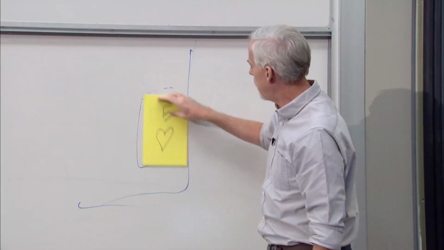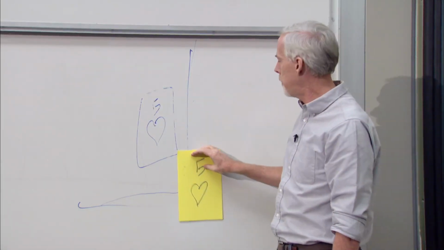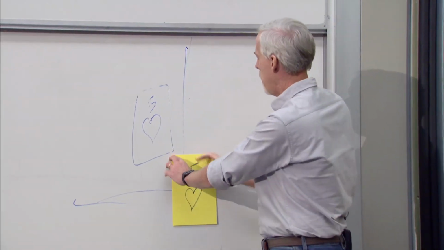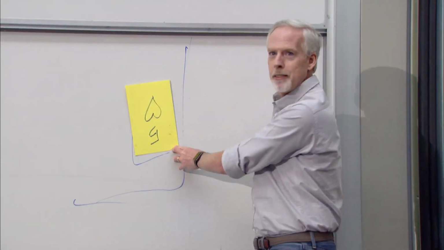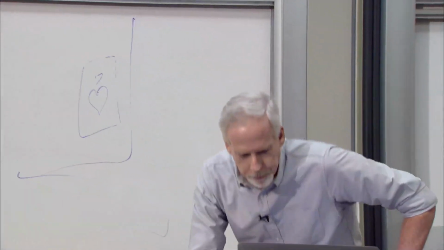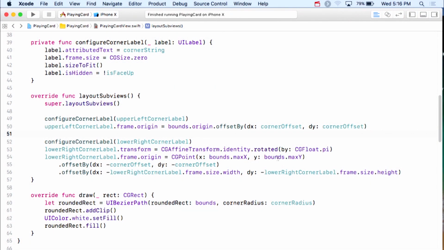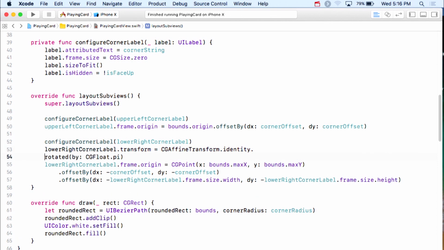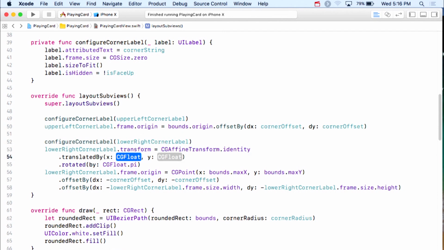So what I'm going to do is I'm going to translate it first down to here, to its other corner. Then I'm going to rotate it. Woohoo! It's going to work. Okay, so let's do that. Here's the rotated. So I'm going to keep that rotated. But I want to do a translate first. So I'm going to say dot translated by, and how much do I want to translate by?